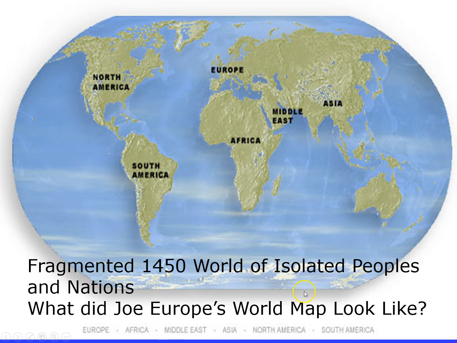As I mentioned right before we began this slide, one of the main storylines of modern times is how do these people, these lands that have been isolated from each other for centuries, if not thousands of years, now finally come to meet each other? How does that process happen?